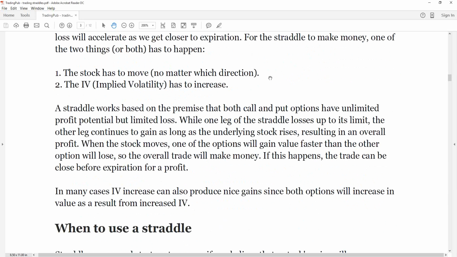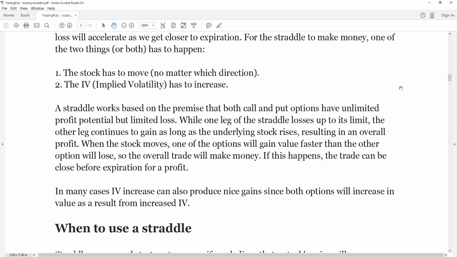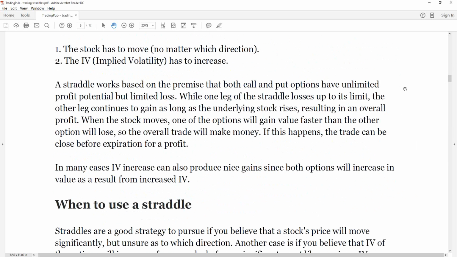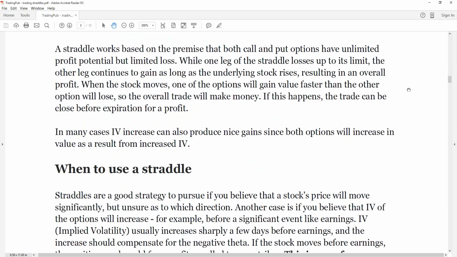The second thing that has to happen is the IV, implied volatility, has to increase. Now, if both things happen, then the gain will probably be bigger. If only one of them, then it depends on some other factors. So a straddle works based on the premise that both call and put options have unlimited profit potential, but limited loss.